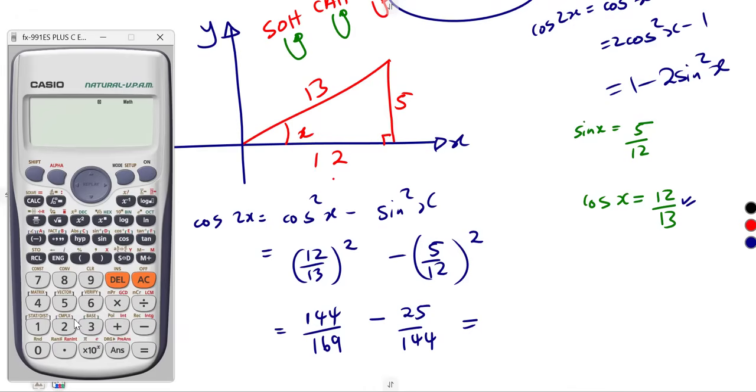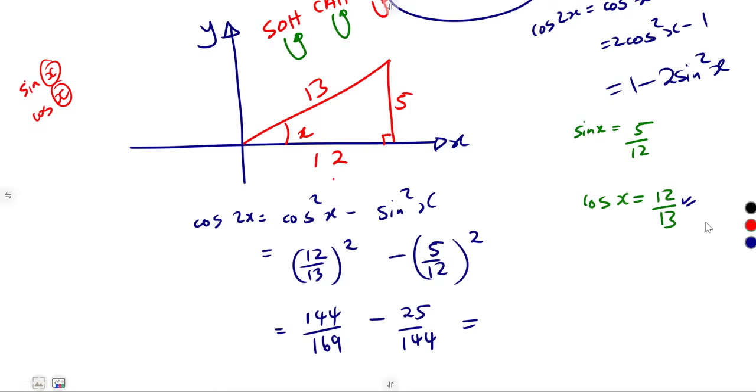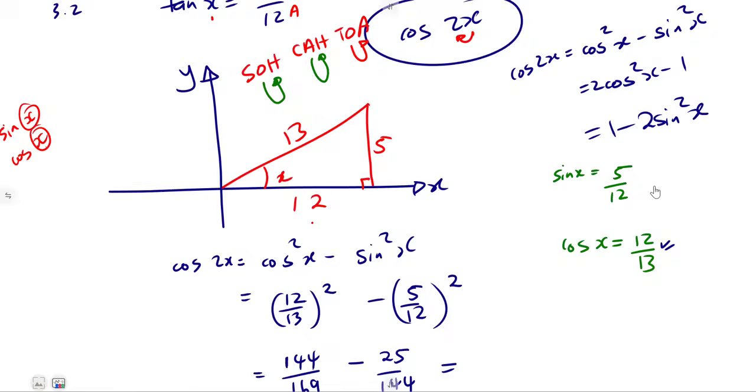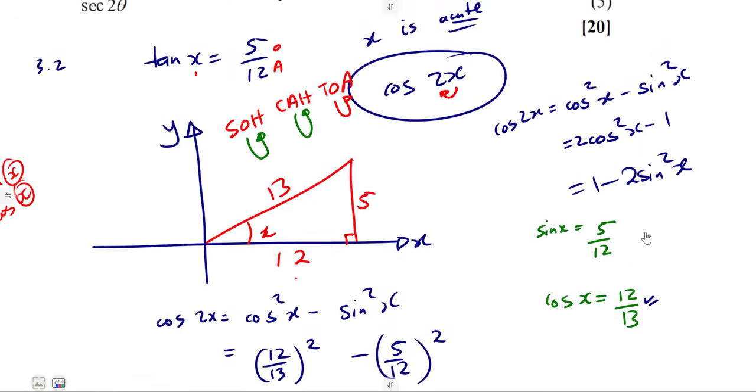Maybe it's my calculator display, no problem. But I wanted us to have a fraction. It was supposed to give us a fraction of 119 over 169 there. So still giving us a decimal. Okay, let's check our values here.